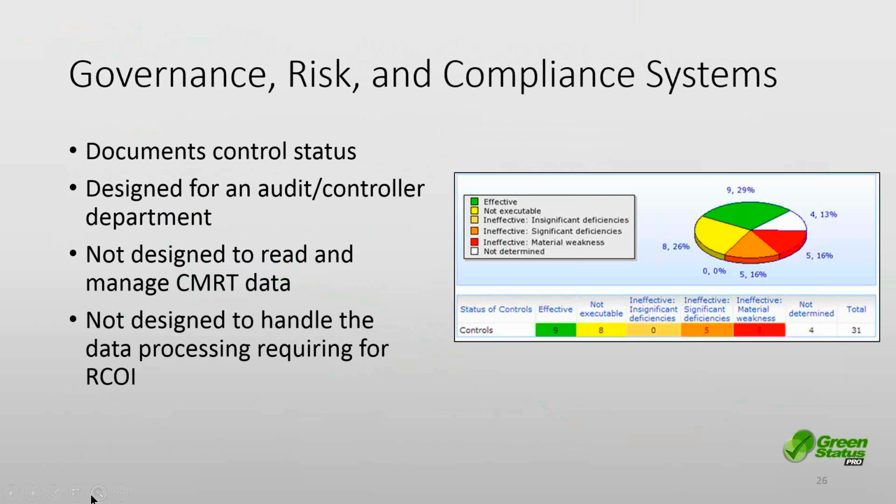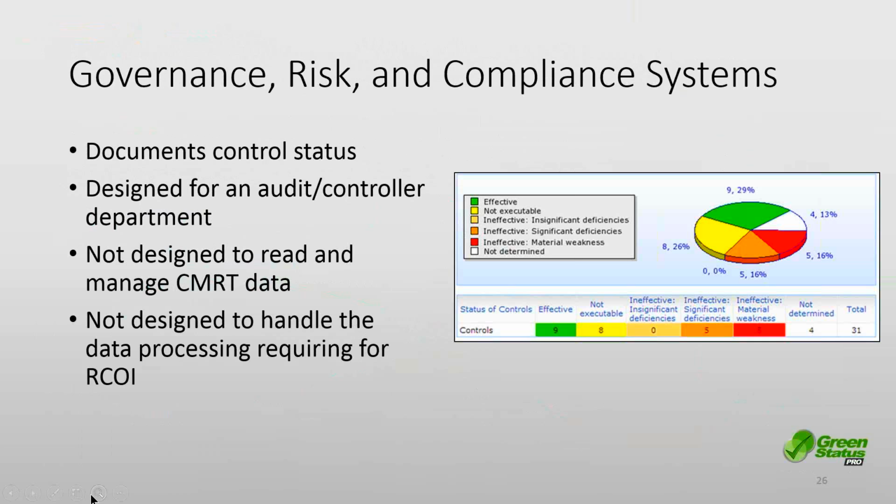Governance, risk, and compliance systems got a big start when Sarbanes-Oxley was passed, and financial groups needed to start having tighter controls within the company. These systems are looking at the policies put in place and assessing the level of risk with those policies to you being exposed.